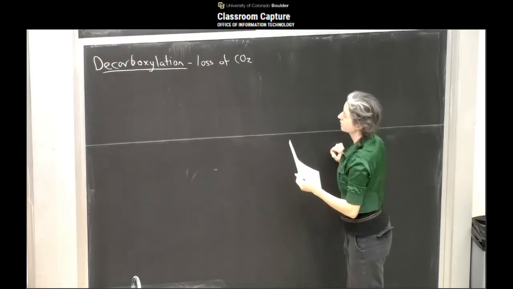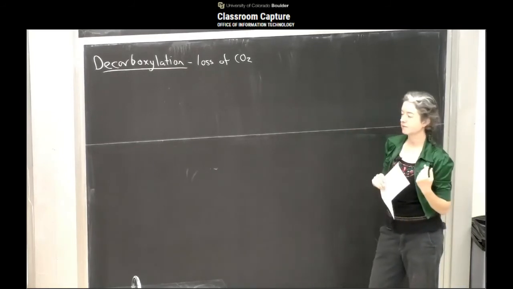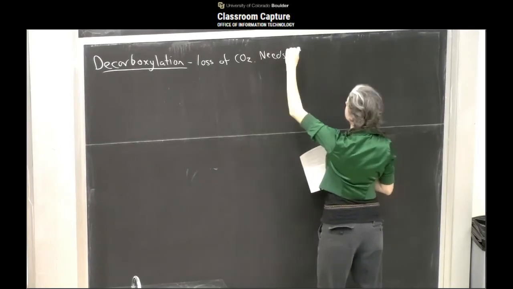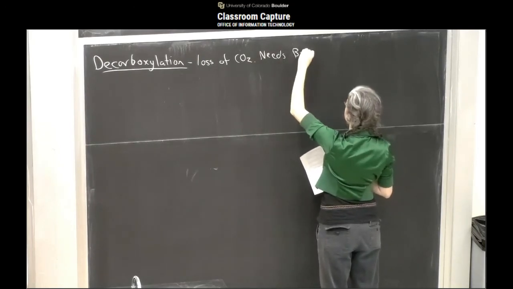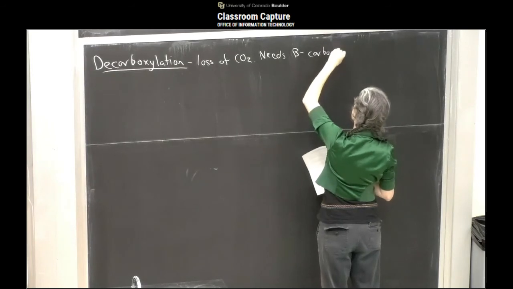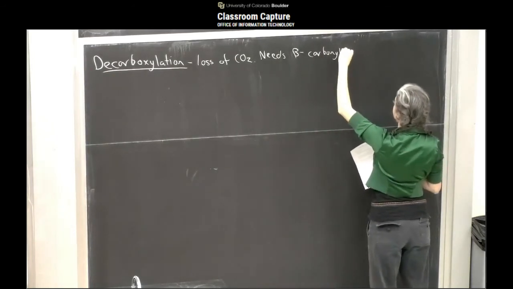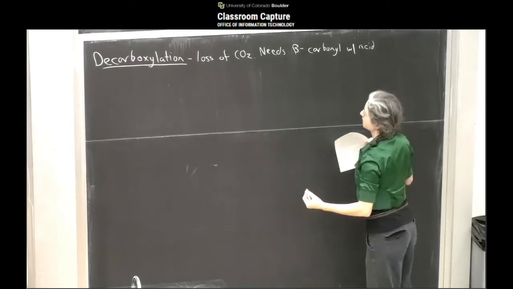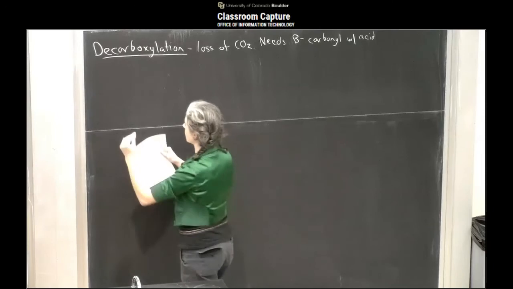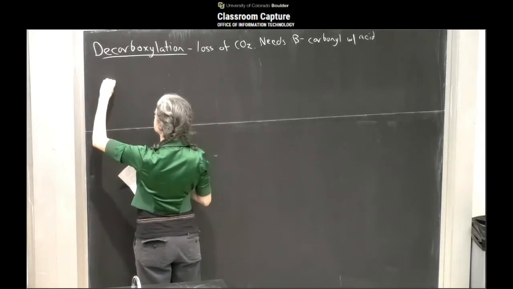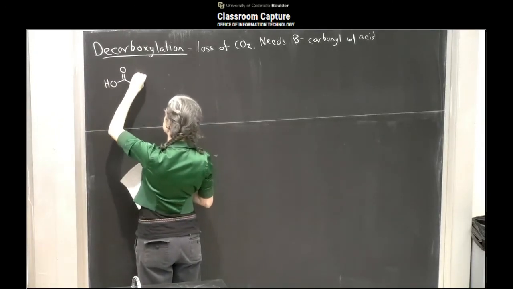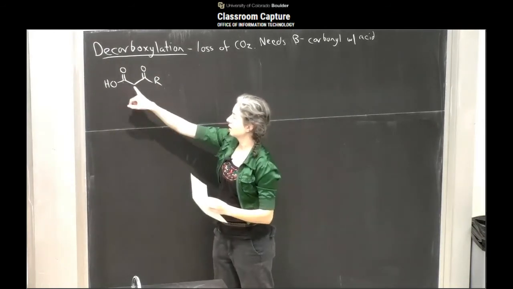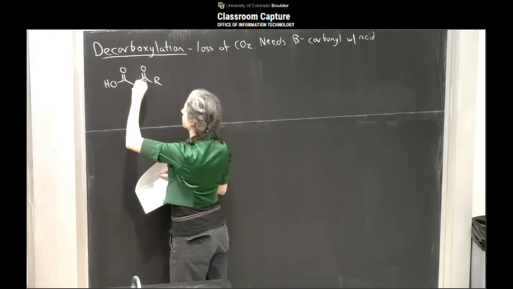Okay, so you've got to have special circumstances set up for this to work. It needs a beta carbonyl with an acid group. So some examples of what might work here: here's our acid, alpha, beta.